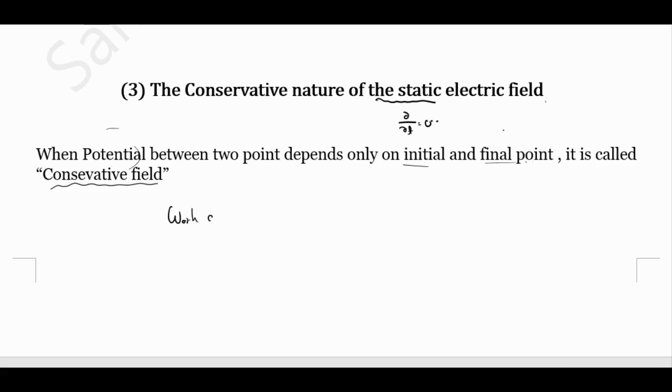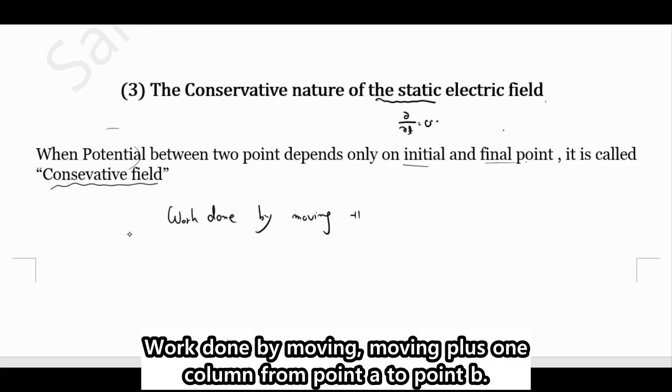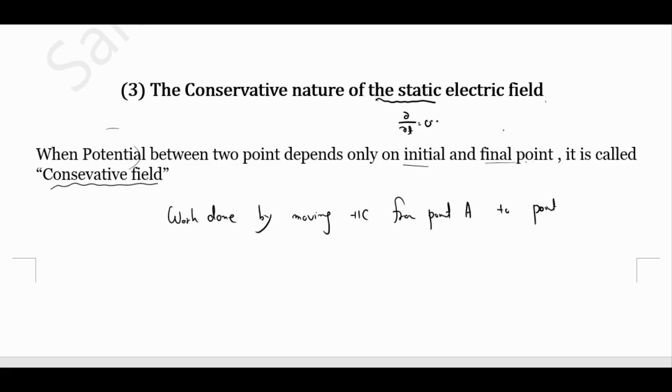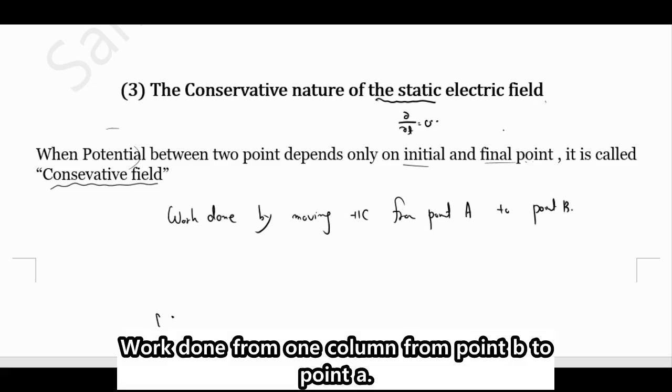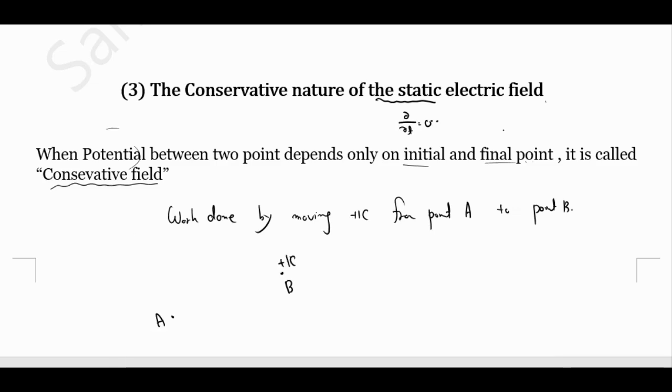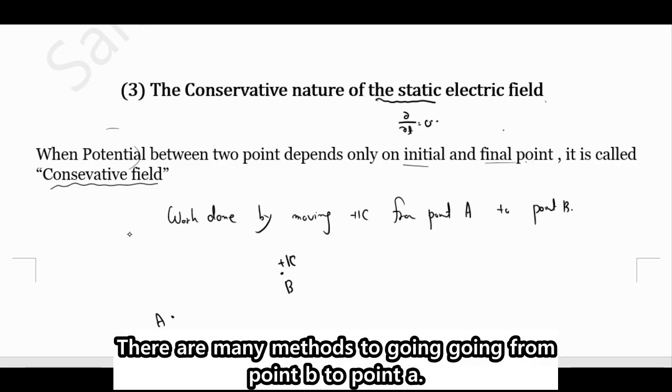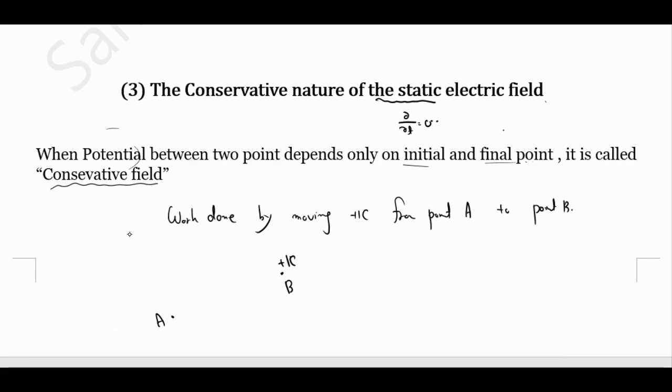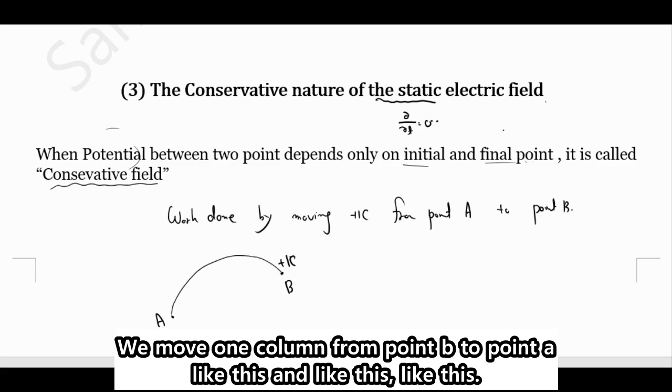Work done by moving plus 1 coulomb from point A to point B. Work done moving 1 coulomb from point B to point A. There are many methods of going from point B to point A. We move 1 coulomb from point B to point A like this, and like this, and like this.